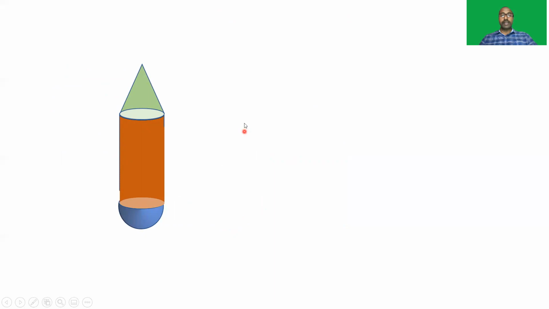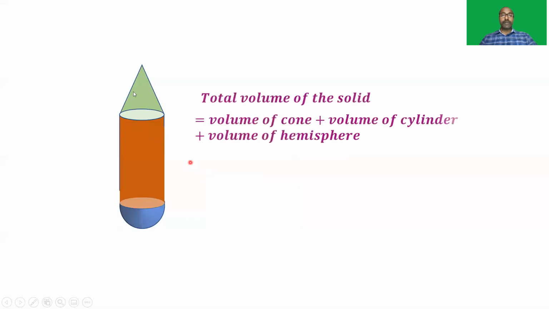And the volume of this solid object is equal to volume of cone plus volume of cylinder plus volume of hemisphere. So the volume of the solid object formed by joining two or more solid objects is equal to the sum of the volumes of all solids that we have taken.